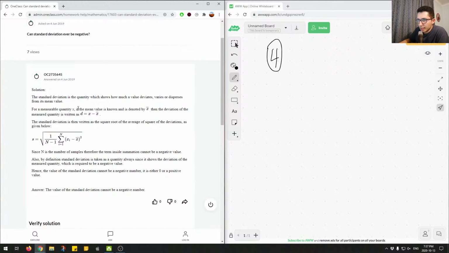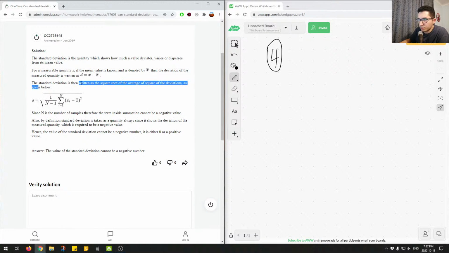For a measurable quantity x, if the mean value is known and is denoted by x bar, then the deviation of the measured quantity is written as d equals x minus x bar. So the deviation is the actual value minus the mean value.